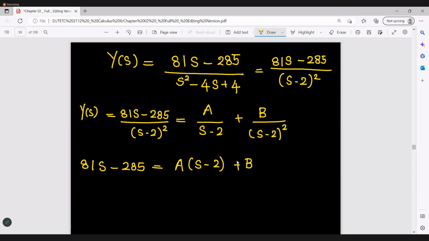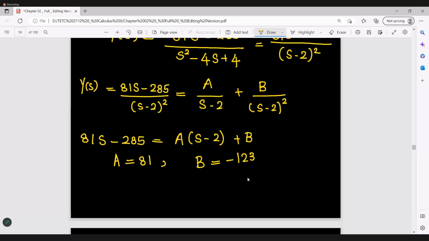Then solve for a and b. So I have obtained a is equal to 81 and b is equal to minus 123.